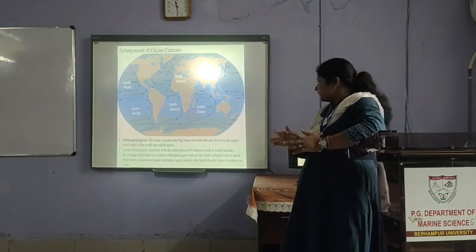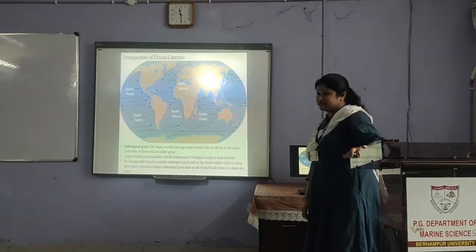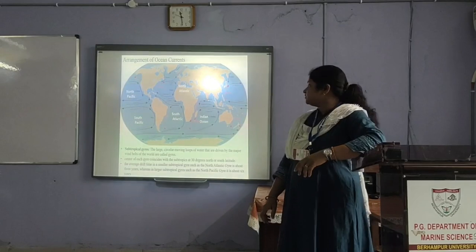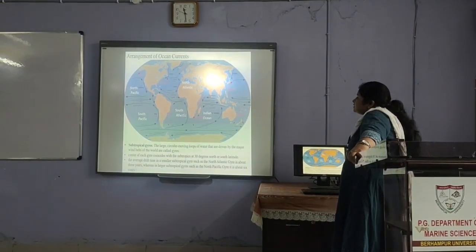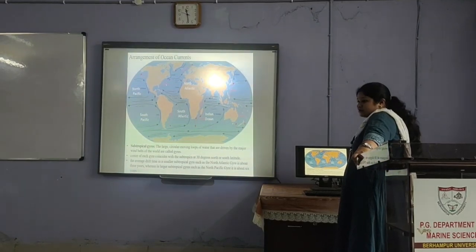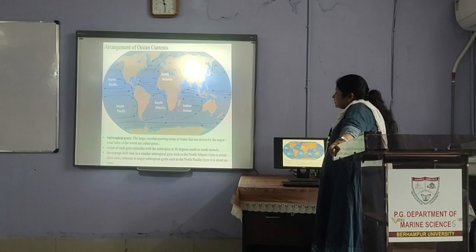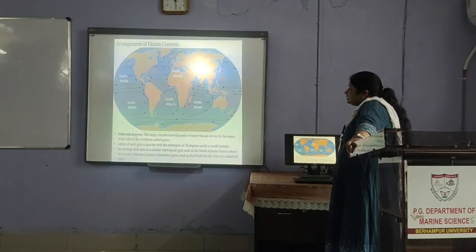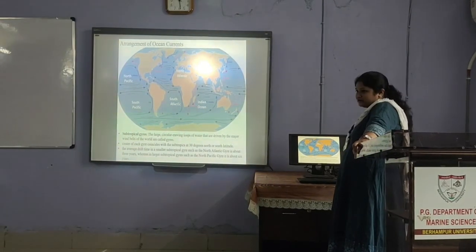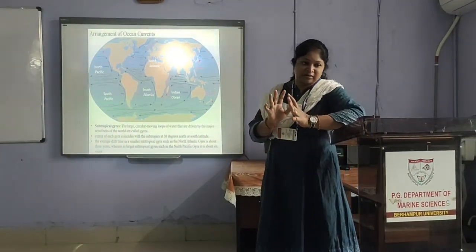So basically, these equatorial currents are warmer in nature. Warmer ocean currents flow in the western part of the basin, but on the eastern side of the continent.